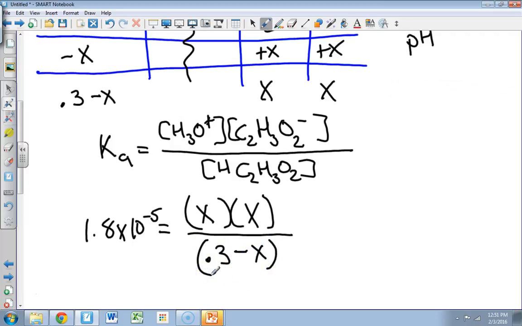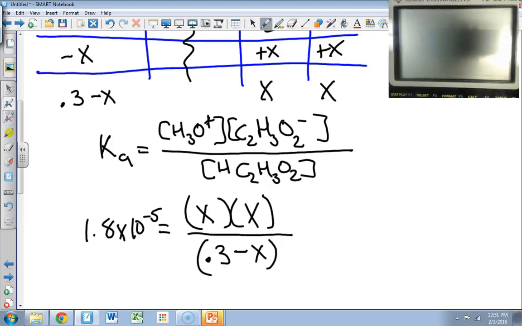Now, to solve this problem, I think it would be beneficial for us to show the calculator here. I am going to assume 5%. The assumption of 5% is that this value of x is going to be so small that 0.3 minus anything very small is still going to give us around 0.3.